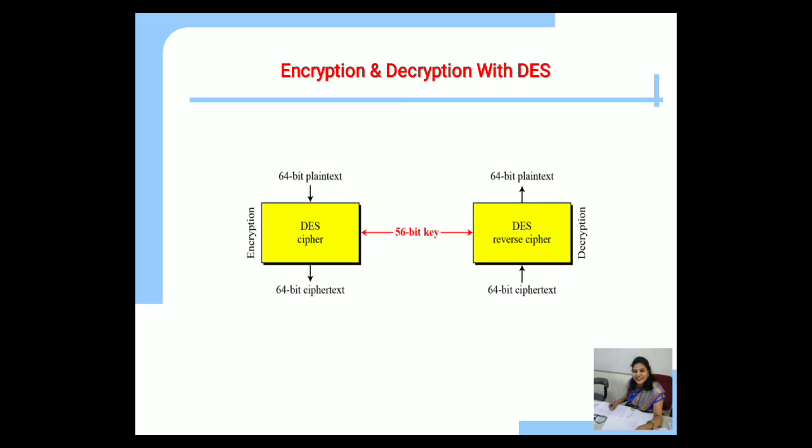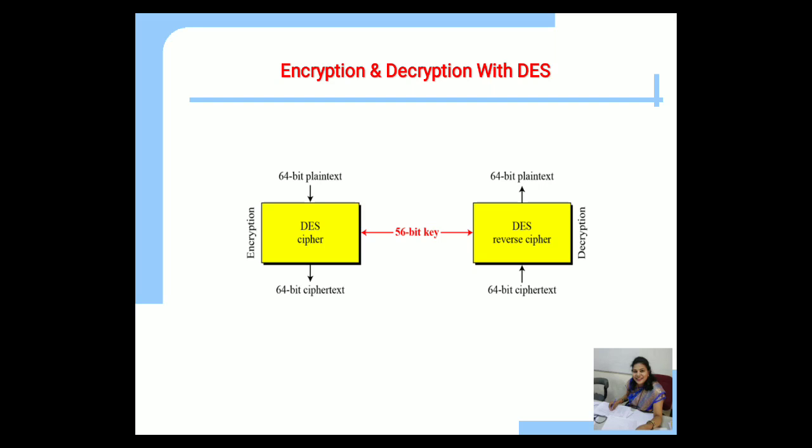So DES, since it is a block cipher, takes 64-bit plain text, and the DES cipher will convert it into ciphertext of 64-bit. For this, we are going to use a 56-bit key. Actually, key size is originally 64-bit. We are first converting it into 56-bit key, and then we are going to apply it to the DES algorithm.